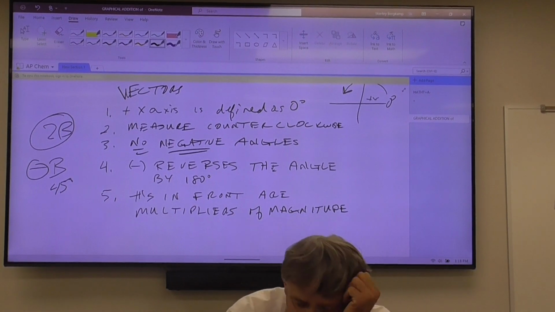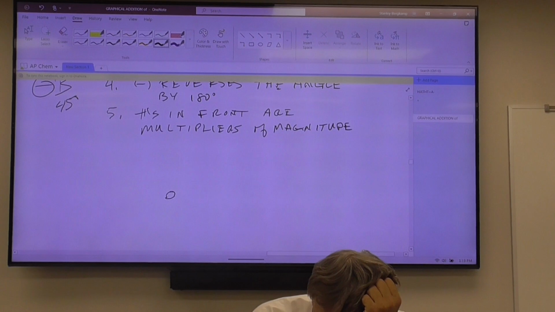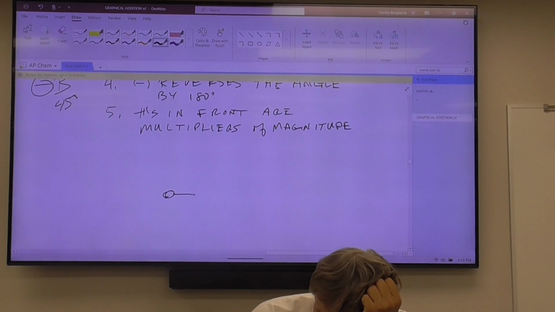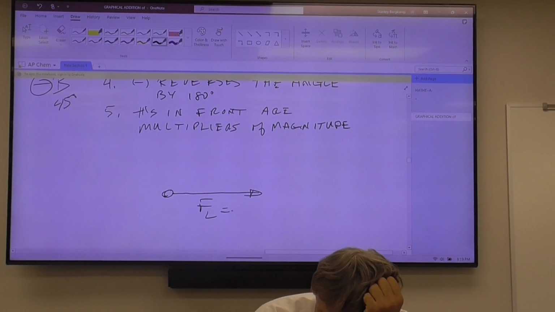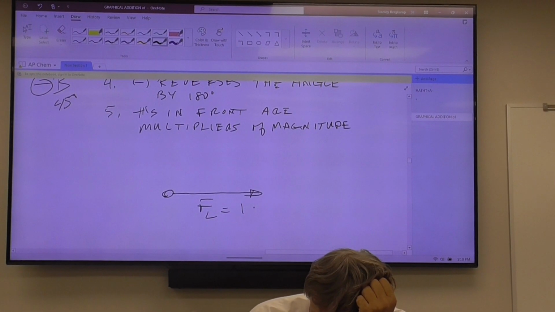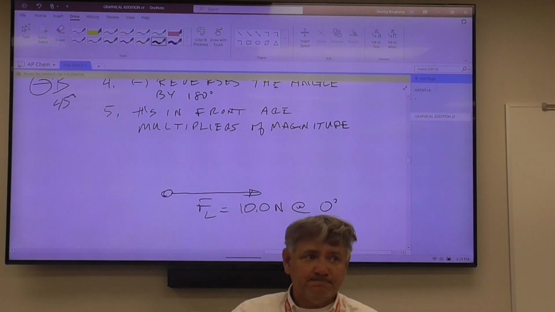So here's the drill. We're going to do a tug of war, okay? So Luke is going to pull with a force of 10 newtons at 0 degrees, okay?